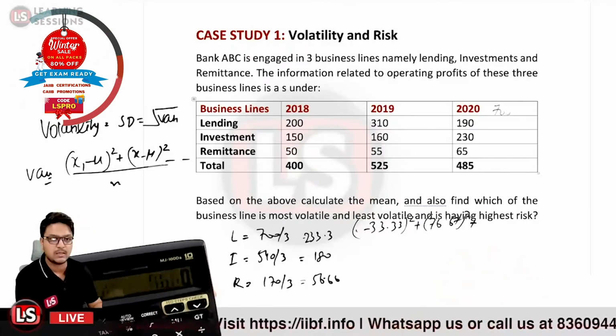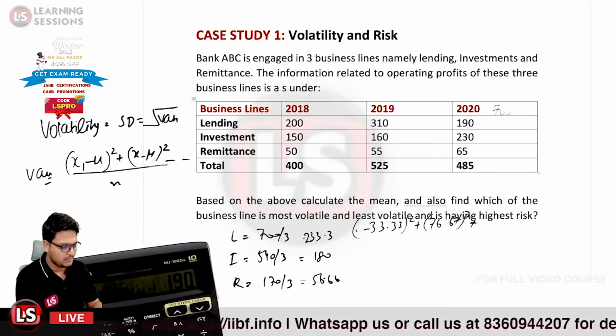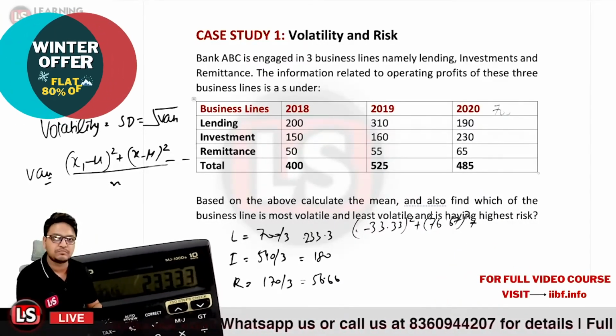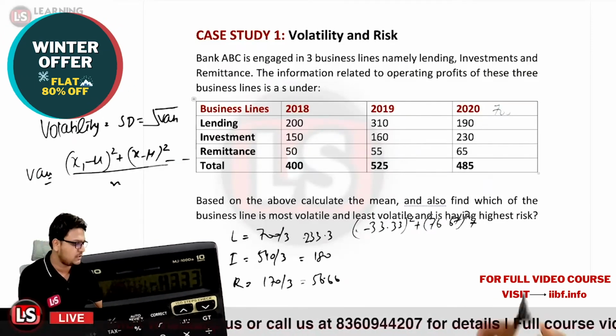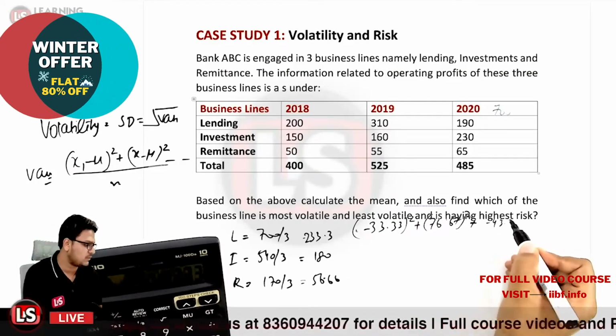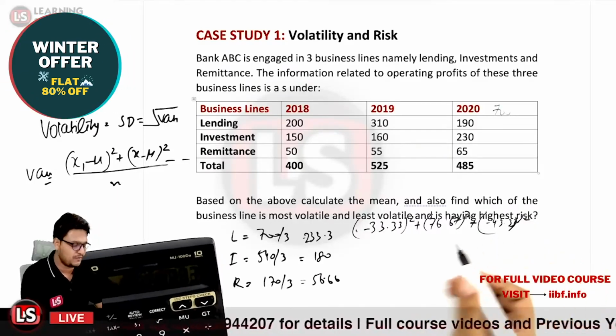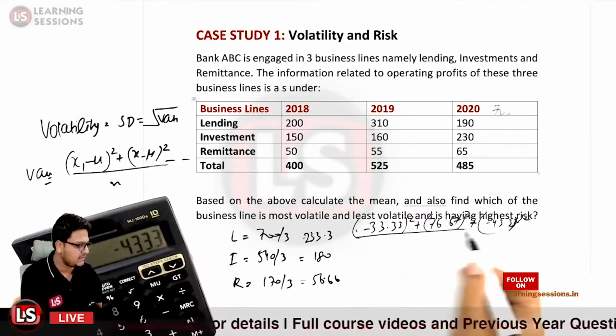And further the third term is 190 minus 233.33, that is minus 43.33, and square of that, and divided by n.